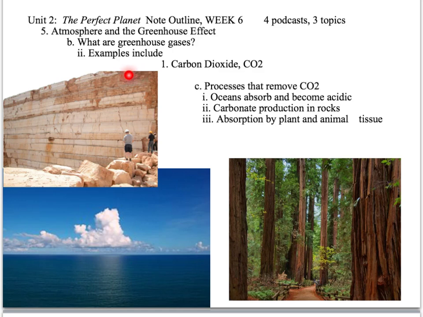Carbonate production in rocks. These rocks are made of carbon. They are carbonate rocks, like limestones. How do you make these rocks? Well, think about how they're made. They're sedimentary rocks, and sedimentary rocks are made out of sediment.